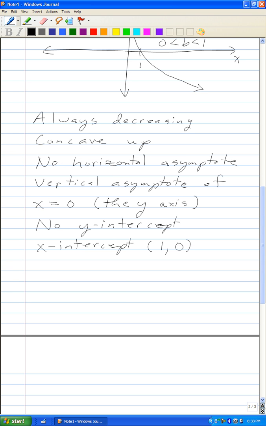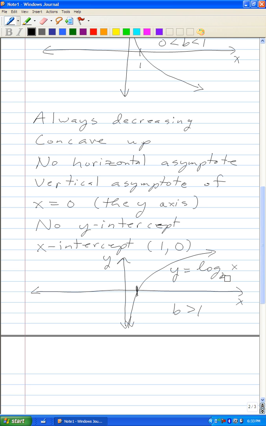Similarly, say that this is y equaling the log base b of x, where b in this case is greater than 1.